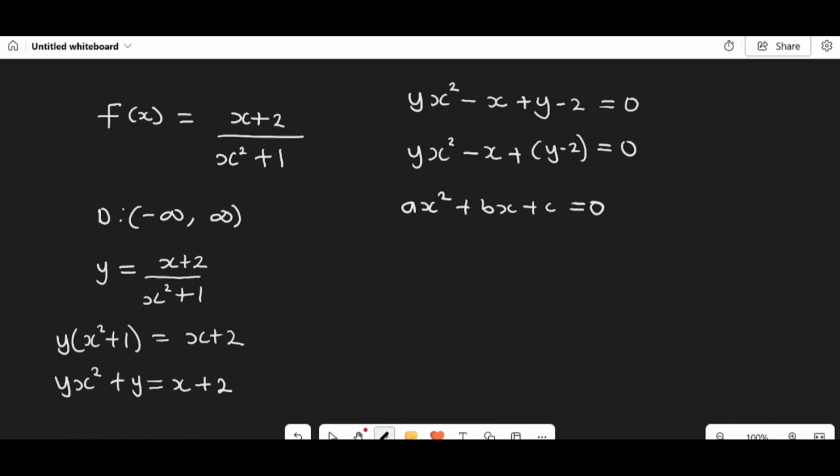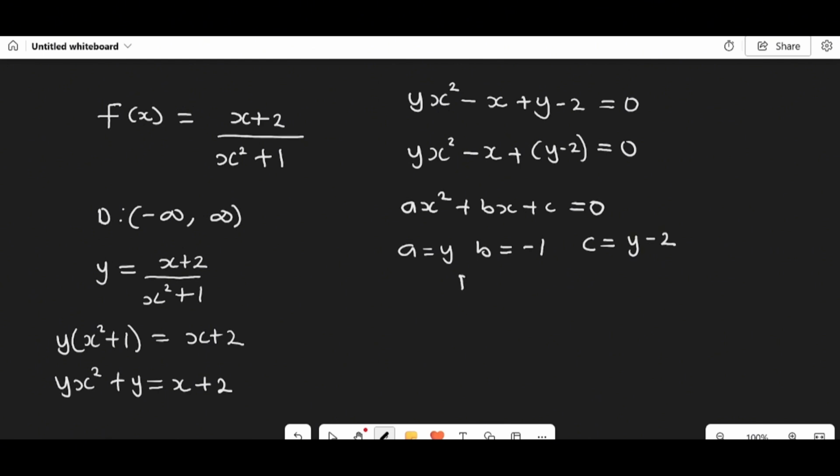By comparing these two equations, we can see that a equals y, b equals minus 1, and c equals y minus 2.